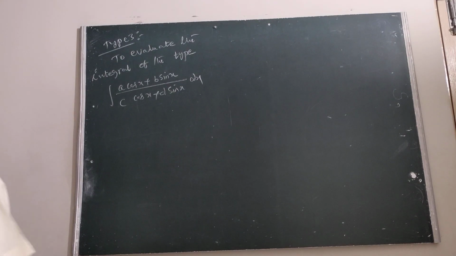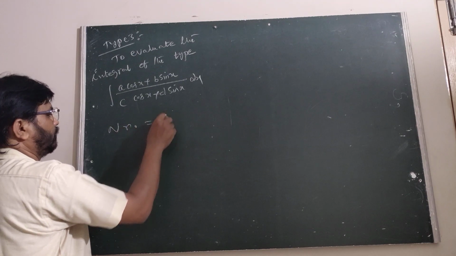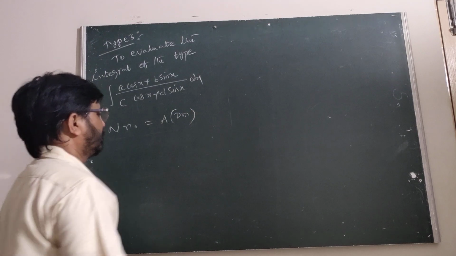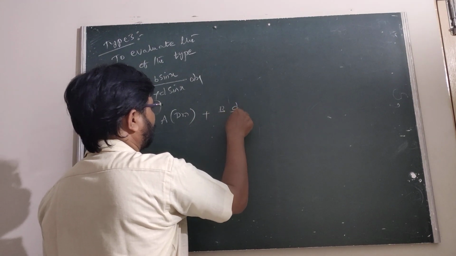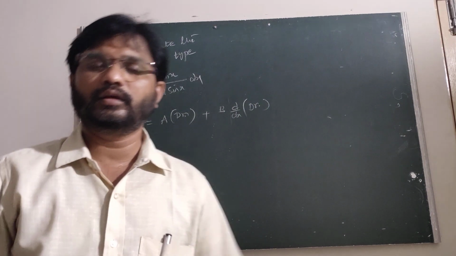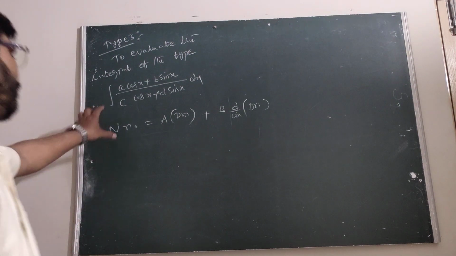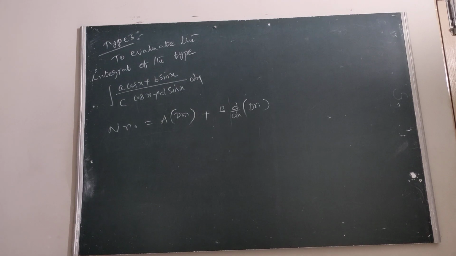First we take the numerator equal to A into the denominator plus B into d by dx of the denominator.